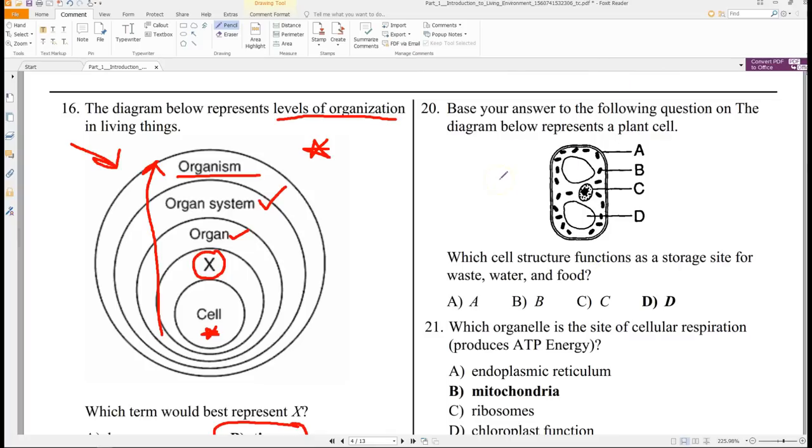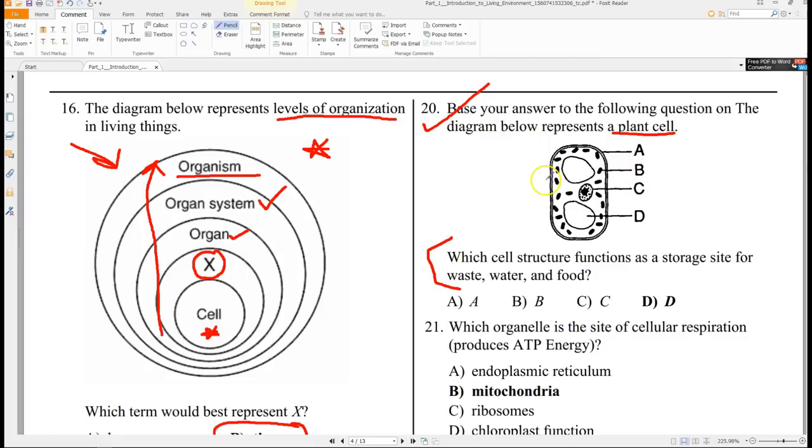So here we have a cell, and particularly a plant cell. How do you know? It's in the directions. This is why I emphasize read the directions. Don't go straight to the question. Read the directions. It's a plant cell.